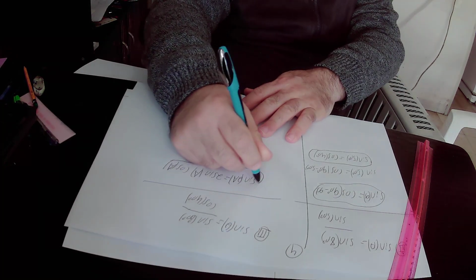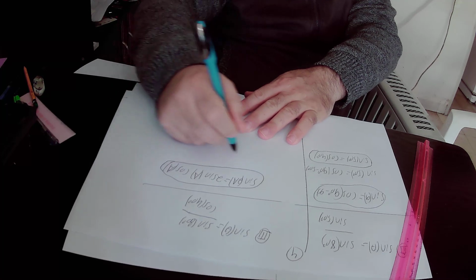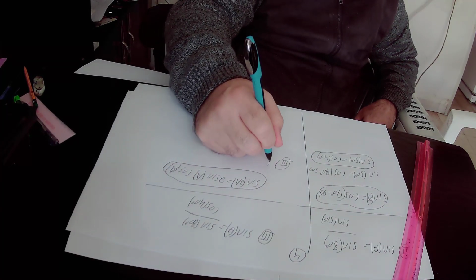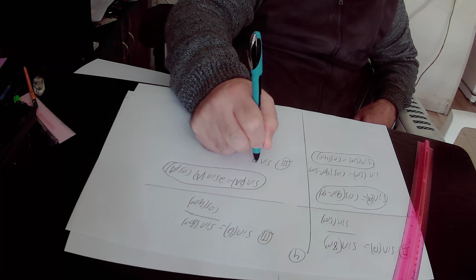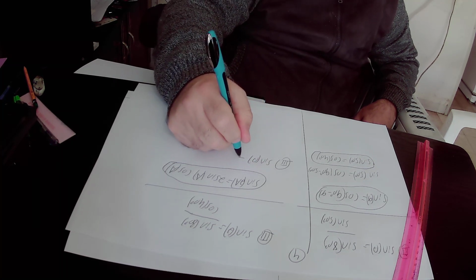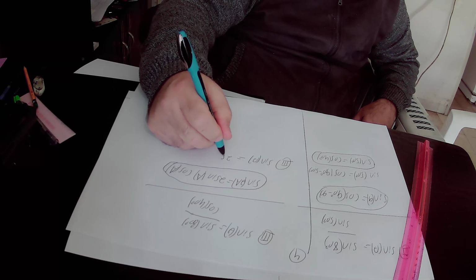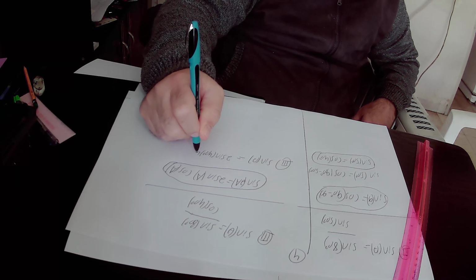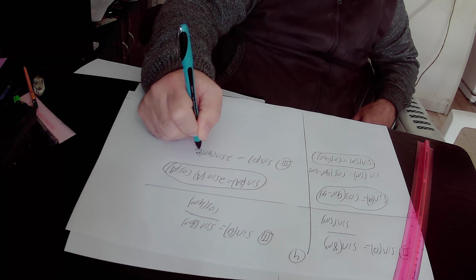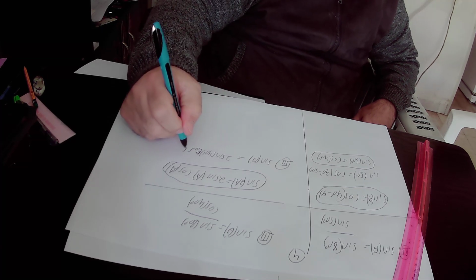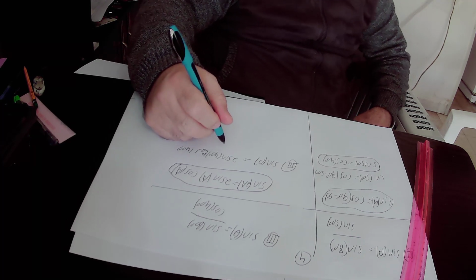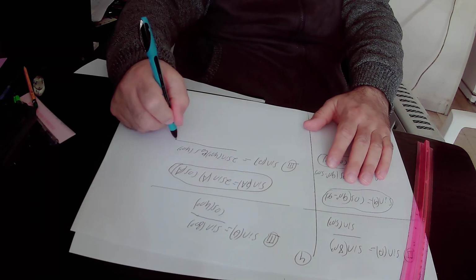So sine 80 degrees equals 2 sine 40 degrees cosine 40 degrees, over cosine 40 degrees.